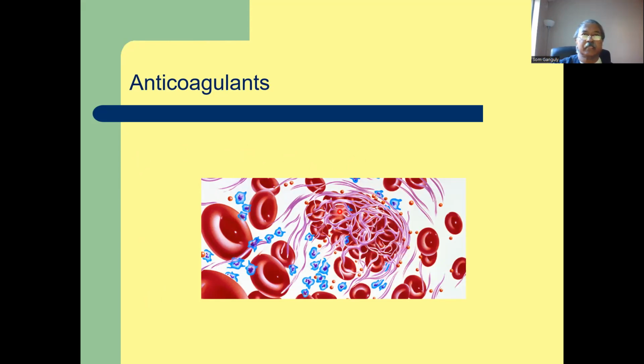This is where we're seeing clot formations in blood vessels, and for some disease conditions, clots form automatically without any bleeding, without any hemorrhage. These components in the blood vessels, platelets, are somehow triggered to form a clot when that clot is not required.